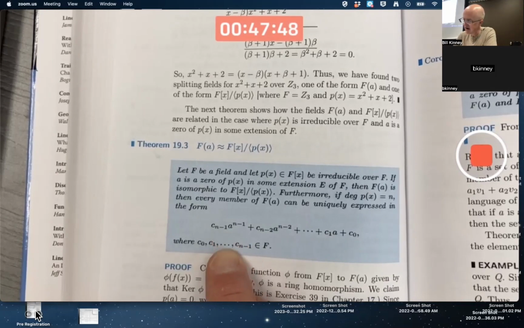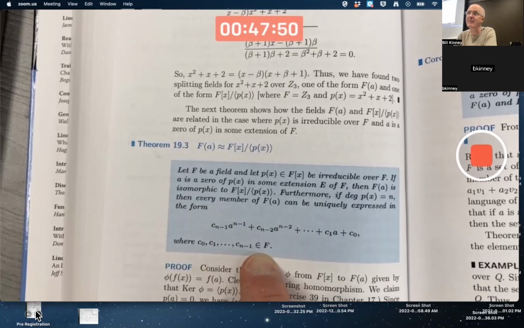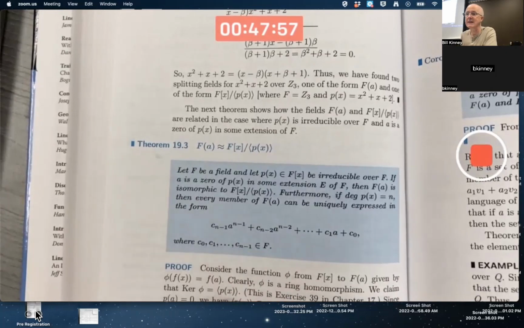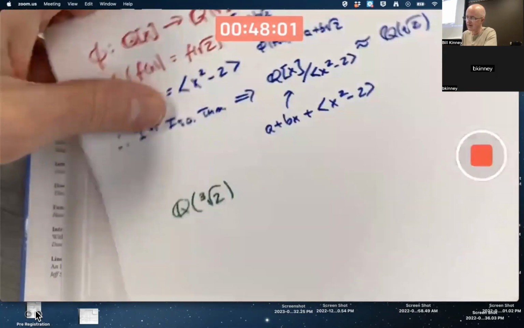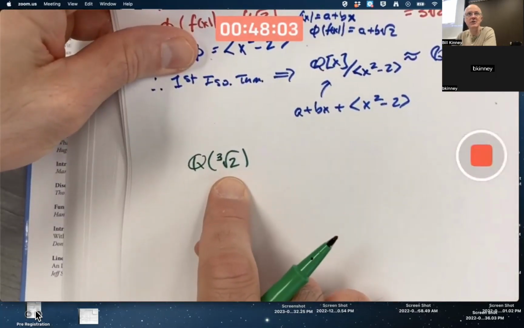The C's are all from the base field. If the base field is the rationals, the C's are all rational numbers. So for our example, yes, the base field F is the rationals. And the A is cube root of 2.